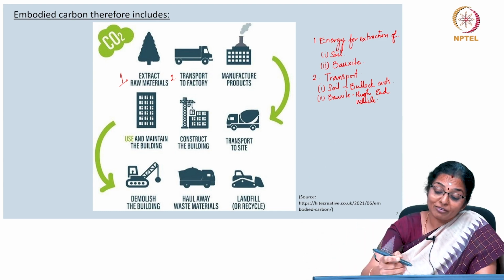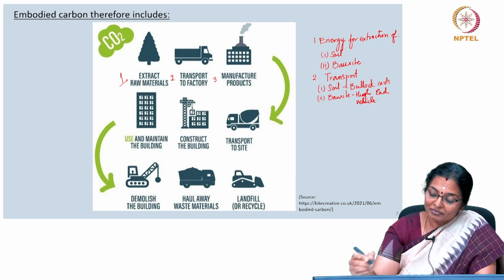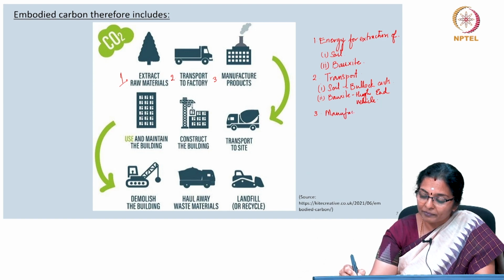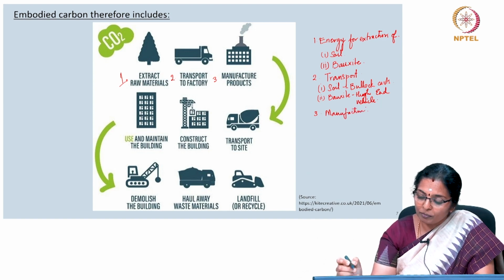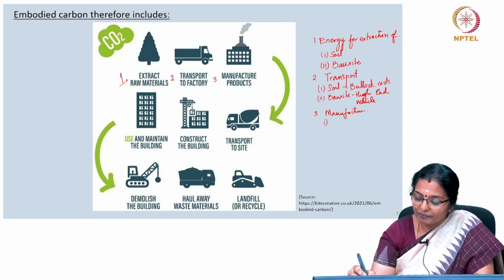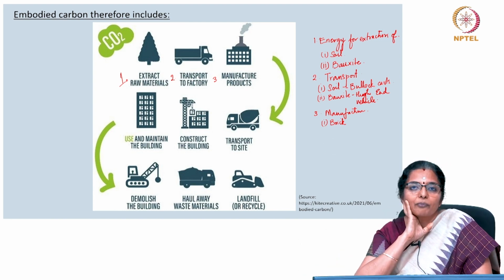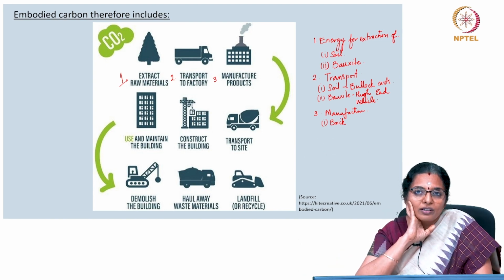Third is manufacture of products. What does it entail to manufacture brick? You need to prepare the soil, you need to add some binder, you need to add water, you need to mix it.